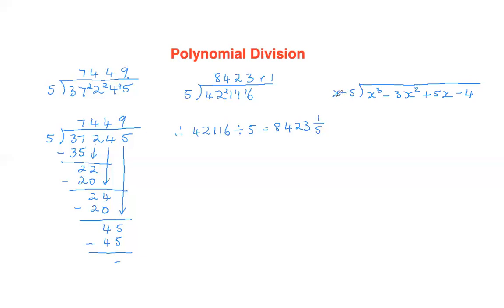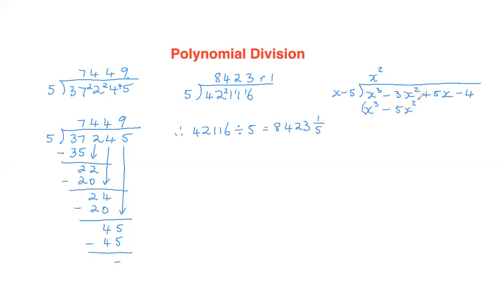So I'm going to say x, how many times does x go into x cubed? Well, it goes x squared. Now, like we did in our long division here, where we then multiplied back down to work out a remainder, we're doing the same thing here. So now I've got to multiply the x squared by the x minus 5. So that would give us x cubed minus 5x squared.